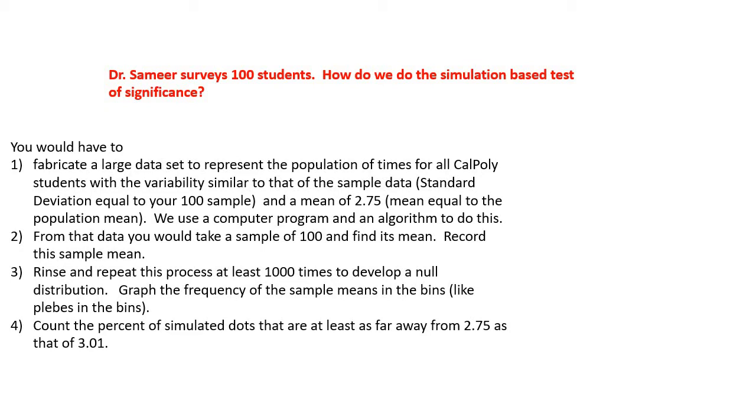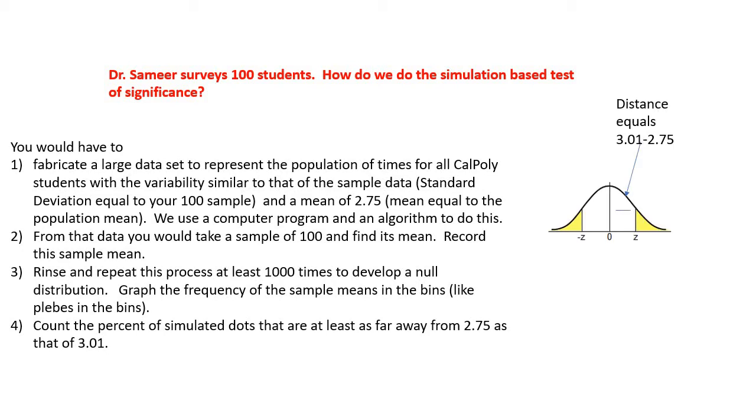And then I'm going to count the percentage of simulated dots that are at least as far away from 2.75 as that of 3.01. That's a really weird sentence to say, but I need the p-value, and it's a two-sided p-value because my alternative hypothesis was that mu was not equal to 2.75. So since it's two-sided, I'm looking at distances away from 2.75.